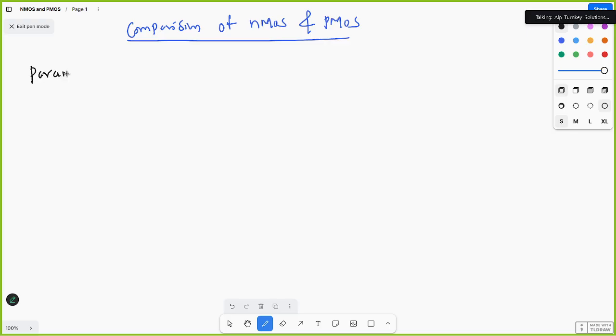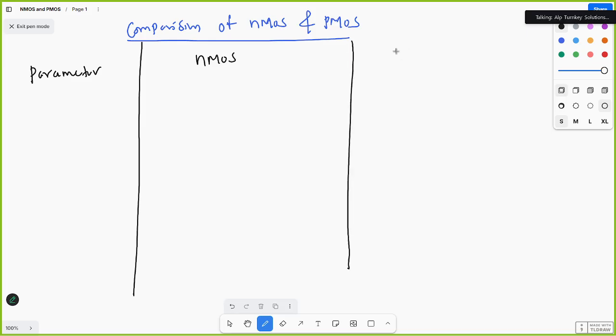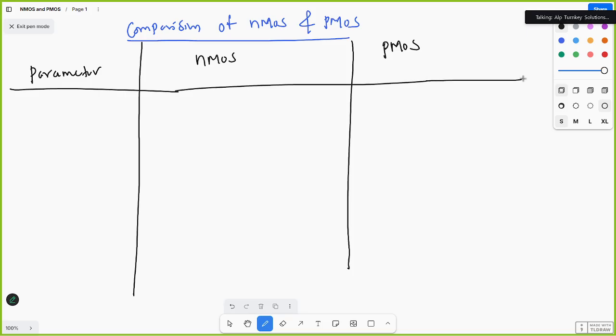Parameter, NMOS, and next PMOS. Here, first the symbol. What is the symbol we are using in CMOS?